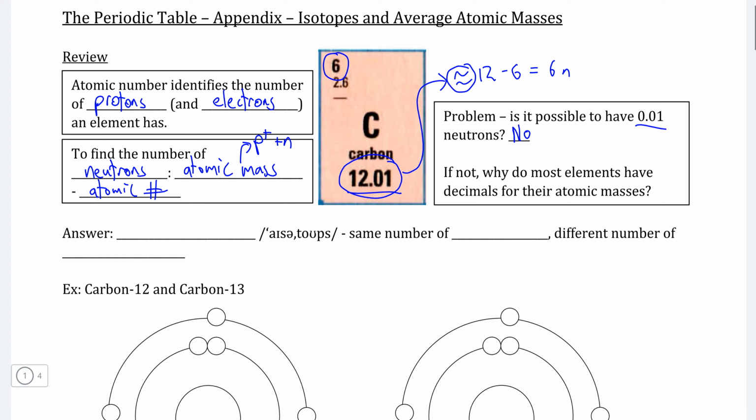Well, in order to answer that question, we need to talk about something that we call isotopes. So in chemistry, and indeed in any scientific field, whenever a word begins with the prefix iso, it tells us that we are looking at something that is the same.